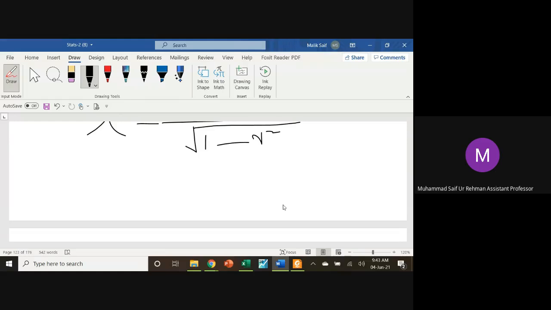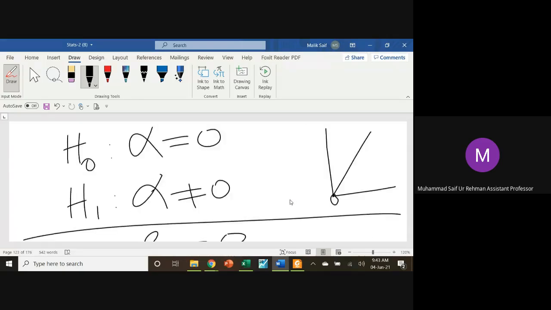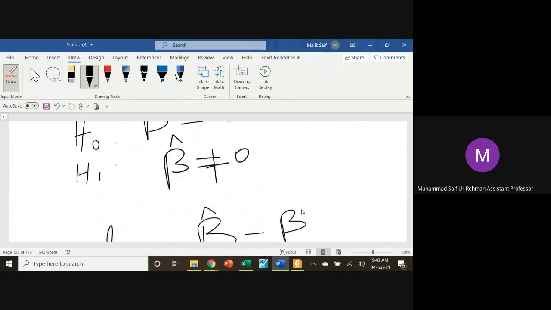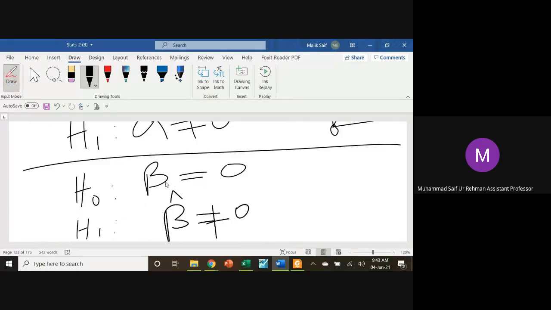So n minus 2, whatever observations are there in one series, minus 2. That will be the degree of freedom. Level of significance you may take into your account as 0.01 or 0.05 or 0.10. So it's up to you. But utilizing this formula, you will be able to say something about the rejection or acceptance of the null hypothesis.